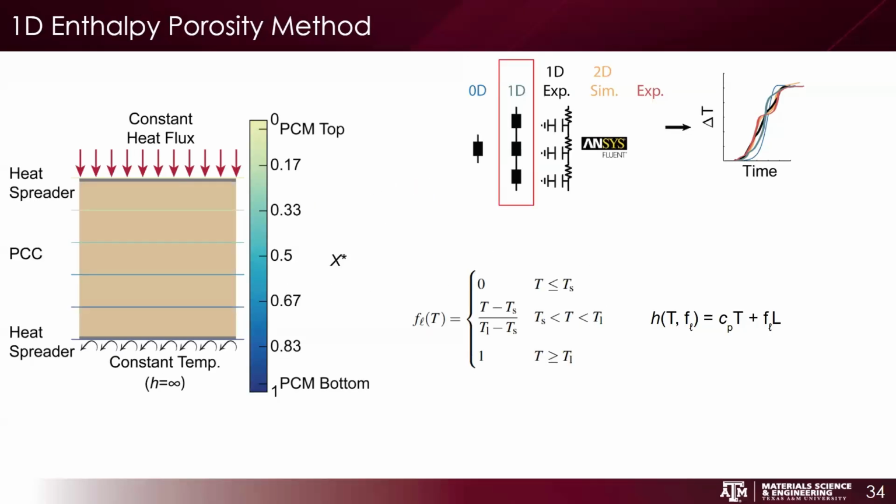I'm confused. On that legend, why is your reduced distance 0 not corresponding to the heat spreader, and your PCM bottom not corresponding to the bottom? I guess this would be a TIM, thermal interface material, and the thermocouple's on the top of the TIM. But why is your 0 so much higher than the heat spreader on the legend?